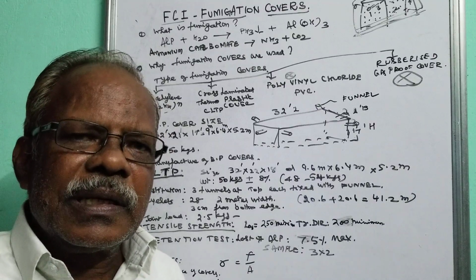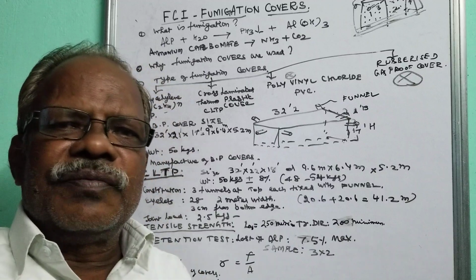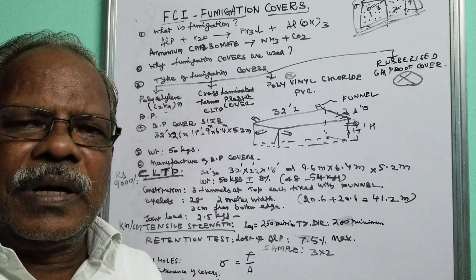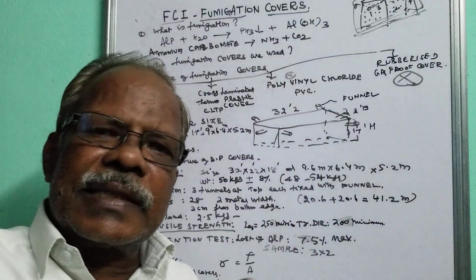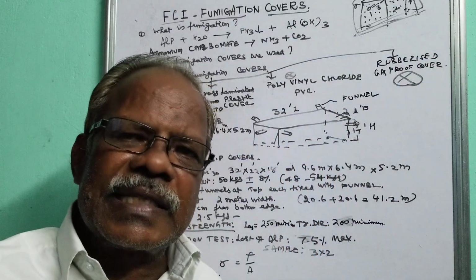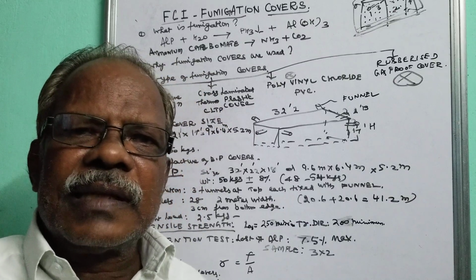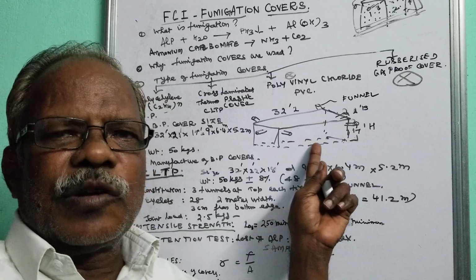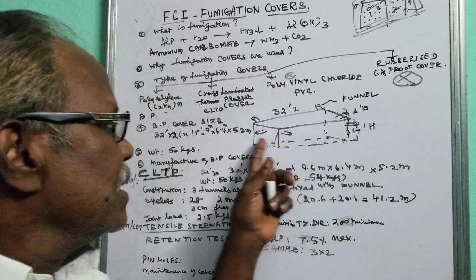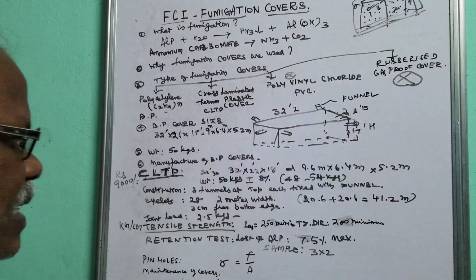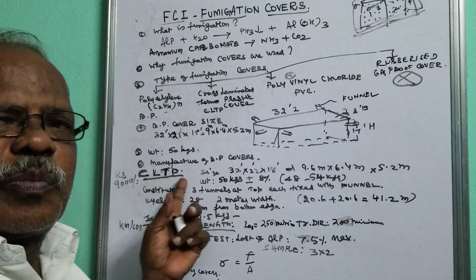In those labs we have to give a sample size of 1 into 1 meter, and that is tested in the lab for tensile strength, and after passing the tensile strength and other tests, then the cover is passed and released from the factory, as far as black polythene is concerned.